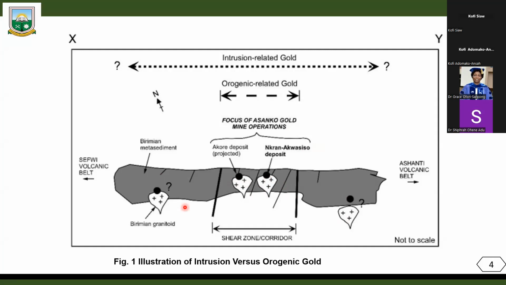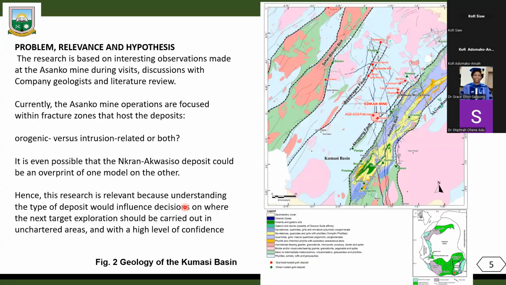This is a geological map of Ghana showing us the Kumasi Basin, where my study is focused. I would say this structural corridor here, identified as a shear, is where the Asanko deposits are located.